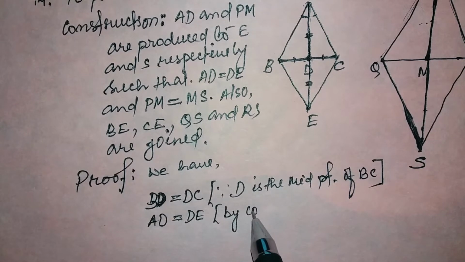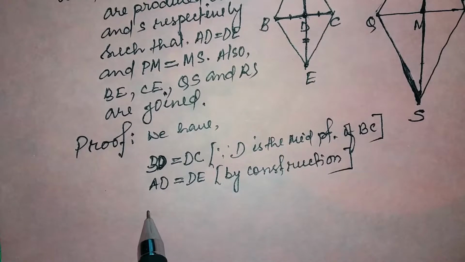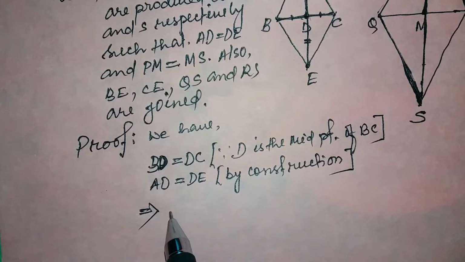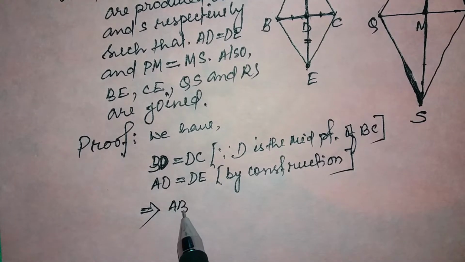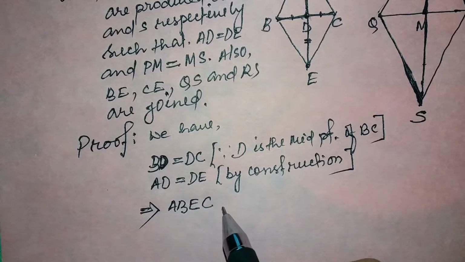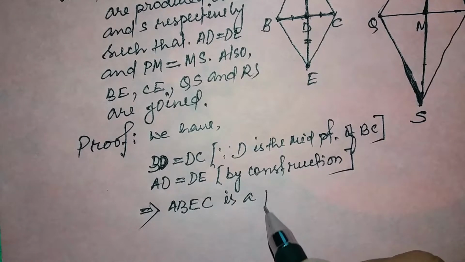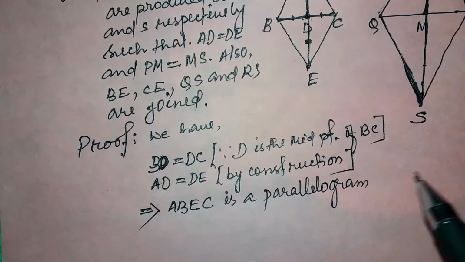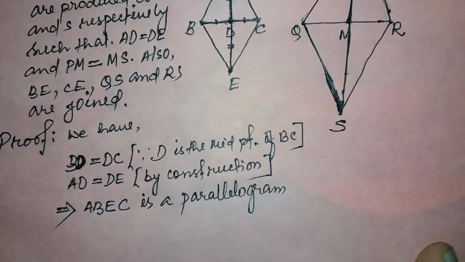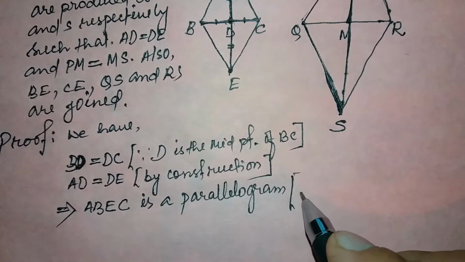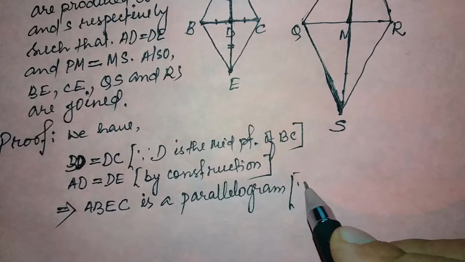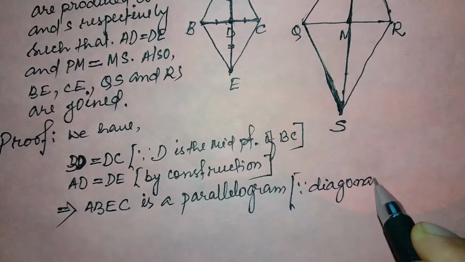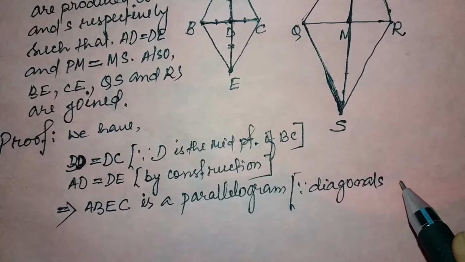So what does this imply? This implies that ABEC is a parallelogram. The reason is, since the diagonals bisect each other.